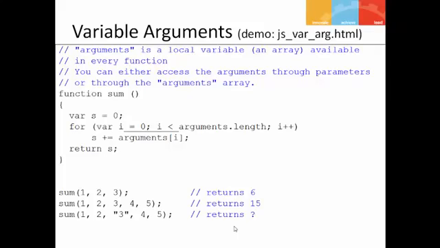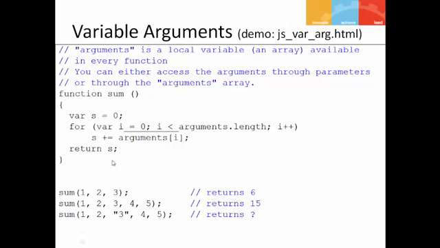Instead what JavaScript provides is the keyword arguments.length. This is going to return the length of the arguments, basically a sequence of numbers, which you are going to pass. Based on that, you can evaluate whatever you want to perform.